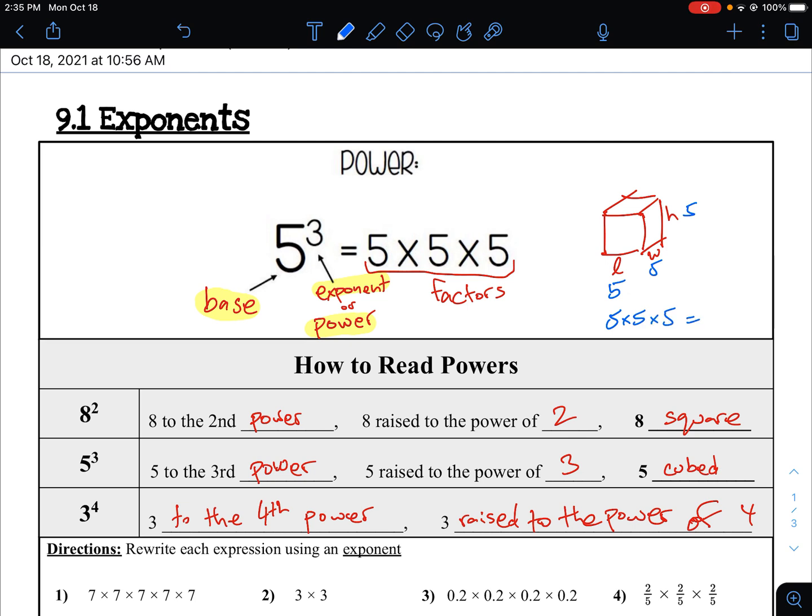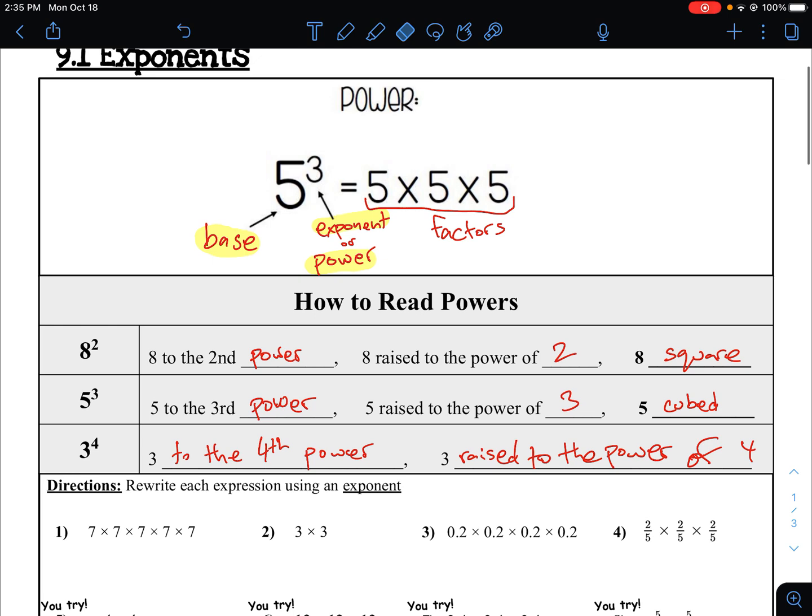What's another way of writing 5 times 5 times 5? That's right, 5 to the third power, and that equals 125. That's how you find the volume of a cube: you multiply a number by itself 3 times. So that's why the third power is called a cube. The second power is called a square.